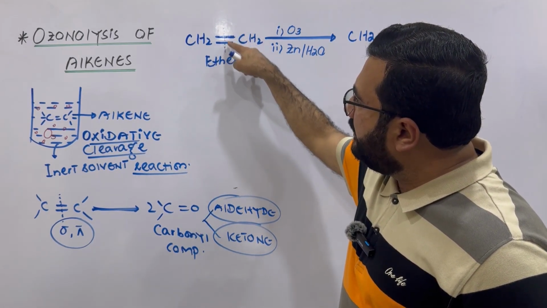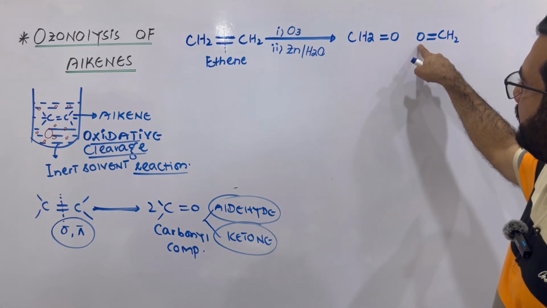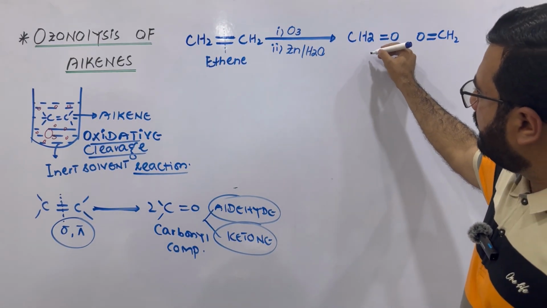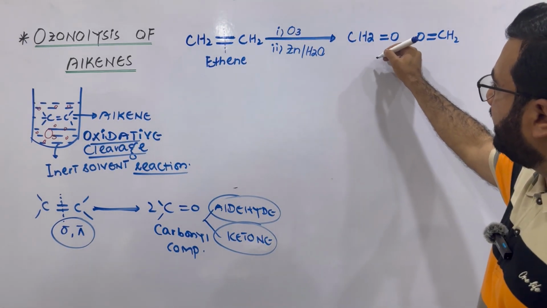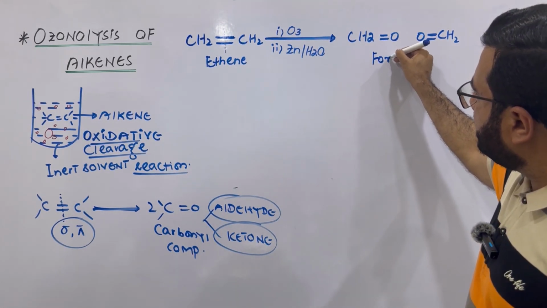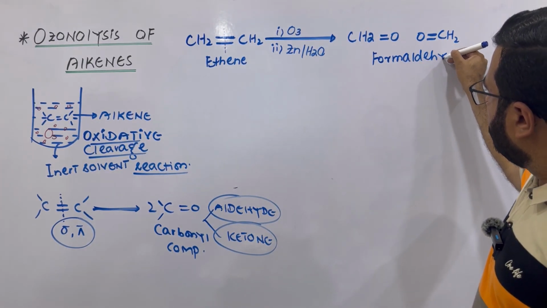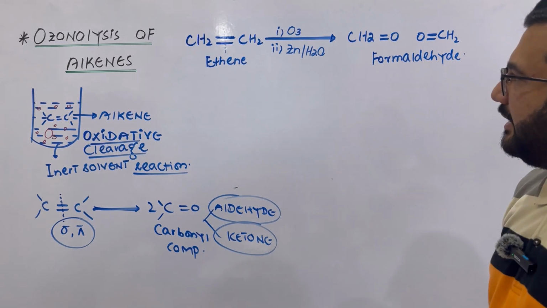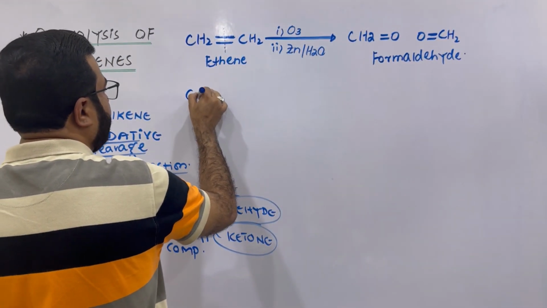So the double bond will be broken down, and the carbons will get one oxygen atom each, and now we will get the carbonyl compound. In this particular case, the ethene is basically changed to two molecules of formaldehyde.